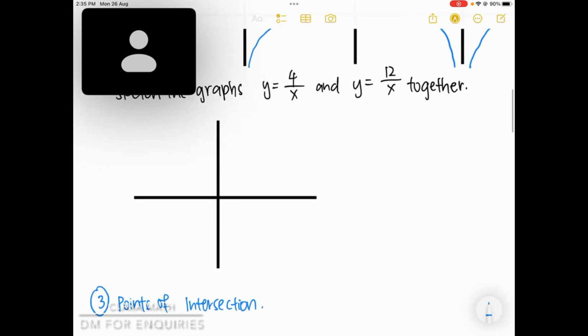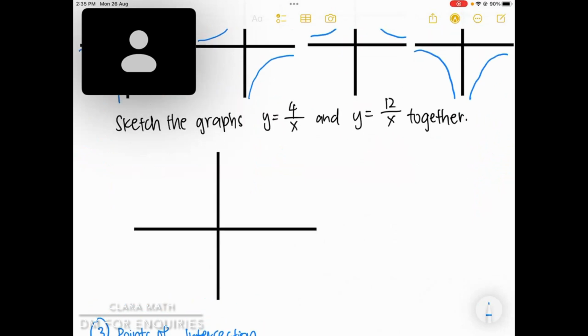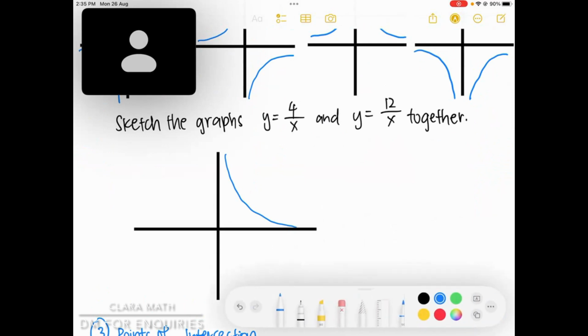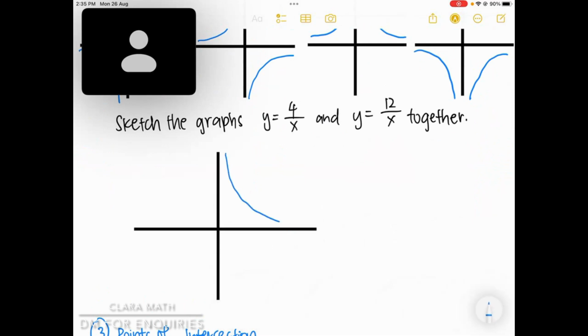So in this example, they say sketch the graph. One has a 4 on top, one has a 12 on top. But they both have the same 1 over x main template, the same shape. So if you're going to do 4 over x, you'll do, oh, cannot cut that part. Can do like that, like that.